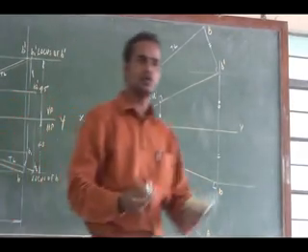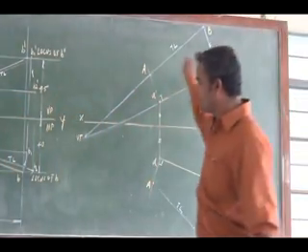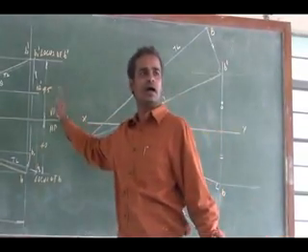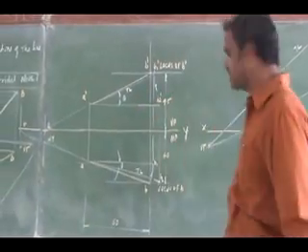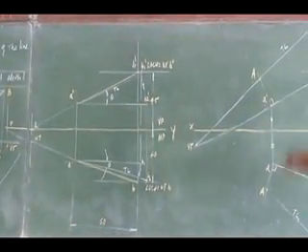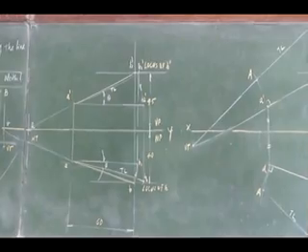So if I extend the front view in this method, the rotating line method, I will get the horizontal trace. Here, if I extend the front view and the original line, I will get the vertical trace.